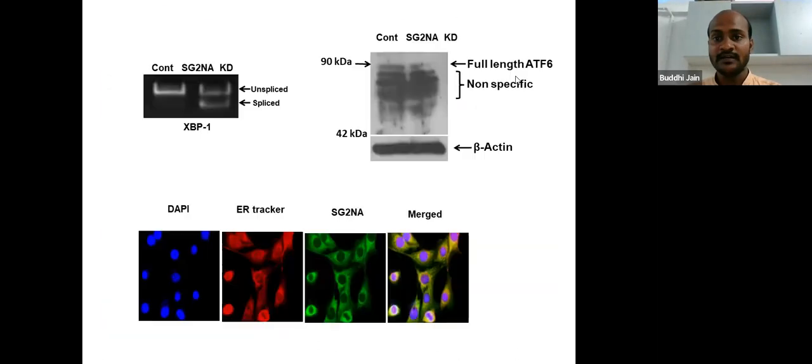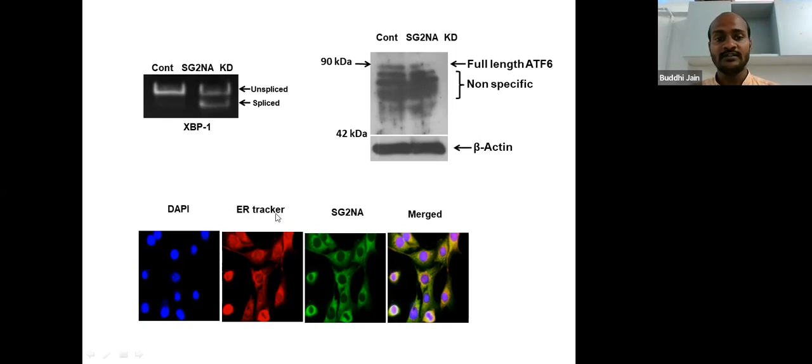We also checked the ATF6 level, and we found a decreased level of the full length ATF6 and an increase in the cleaved ATF6. So this further confirmed that there is an activation of the ATF6 branch also upon Ag2Na knockdown. In this experiment, we confirmed whether Ag2Na is localized in the endoplasmic reticulum or not.